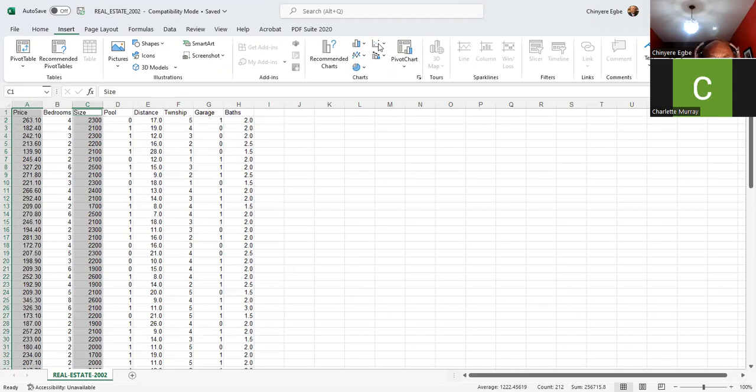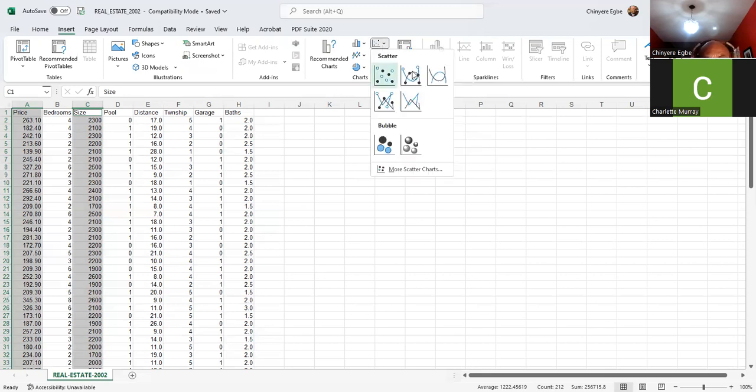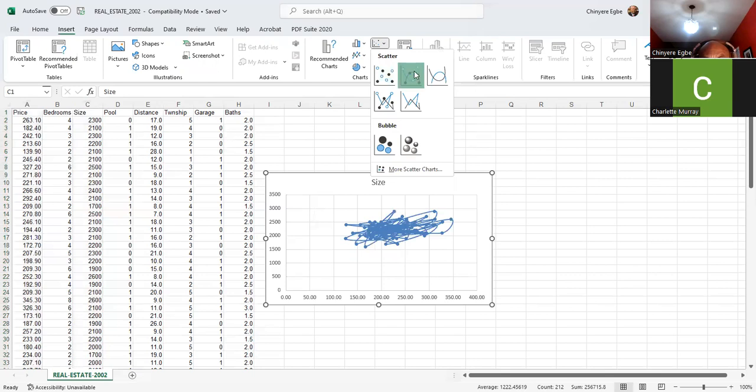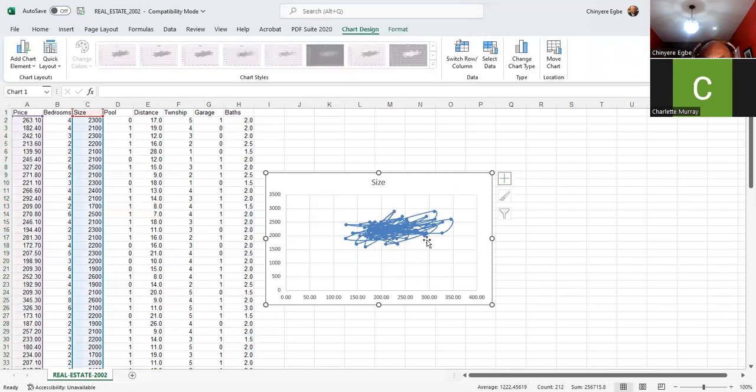So you see where you have the scatter, inside scatter? You see it? Yeah, I see it. Okay, and so we see that. Remove that.